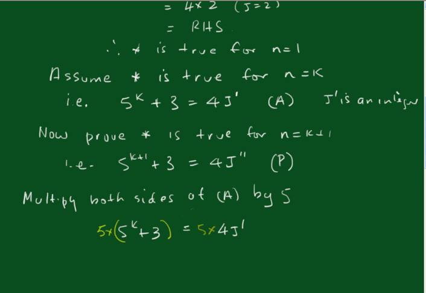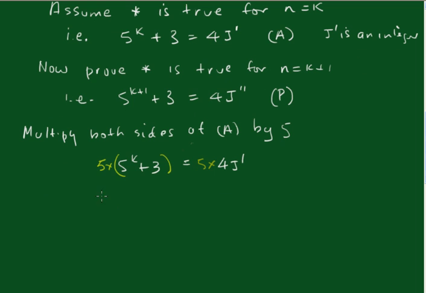Alright. So this now becomes 5 to k plus 1 plus 15 equals 20j dash. Now we need a 3 there, don't we? Not a 15. So I'm going to subtract 12 from both sides. And I get 5 to k plus 1 plus 3 equals 20j dash minus 12.